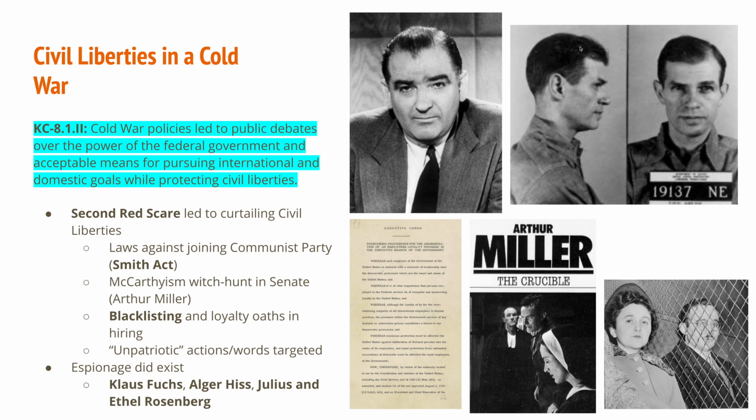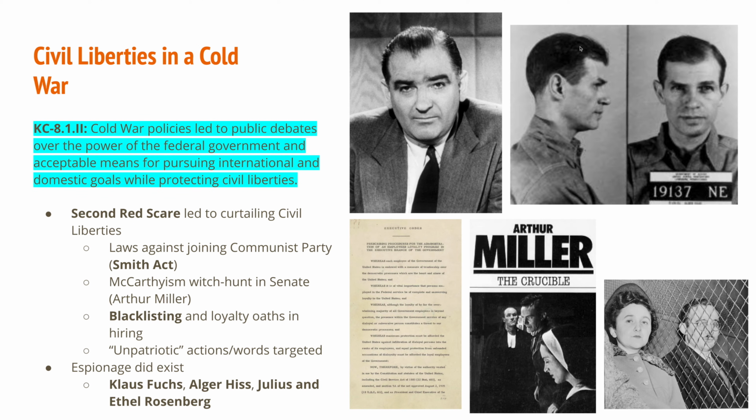But that didn't mean that there were not actual communist spies in the United States. So the ones that I wrote down here: Klaus Fuchs gave nuclear secrets that were in the United States to the Soviet Union. Alger Hiss, seen in the picture up to the right, was working in the State Department and was convicted of perjury for lying under oath about whether or not he had given secrets or was working for the Soviet Union.